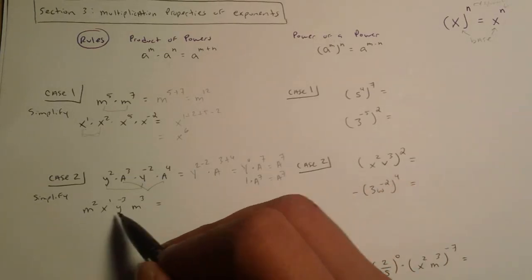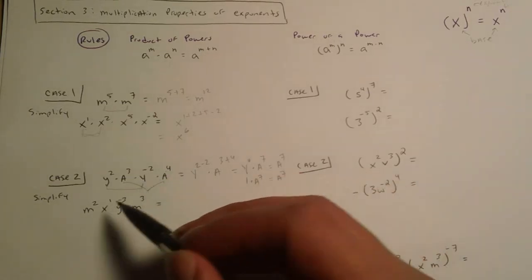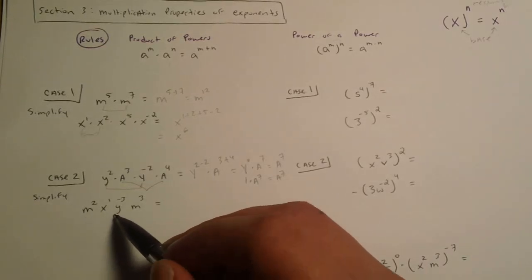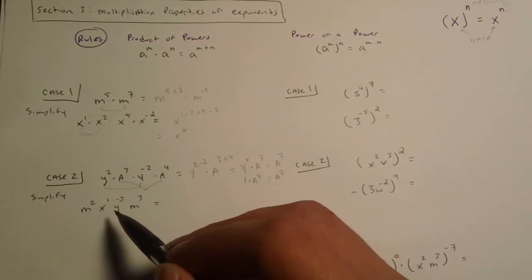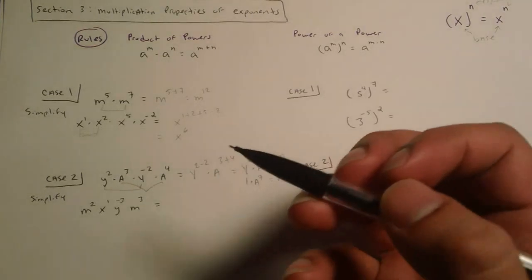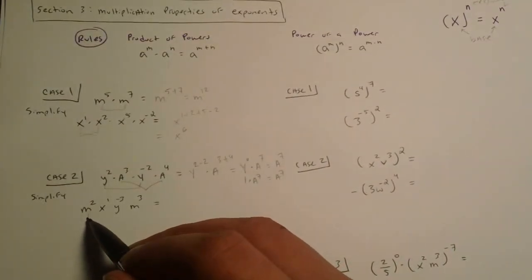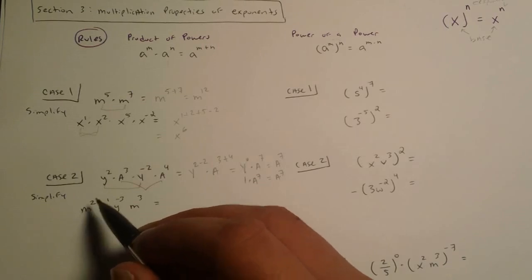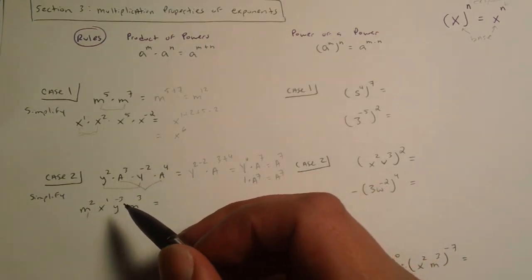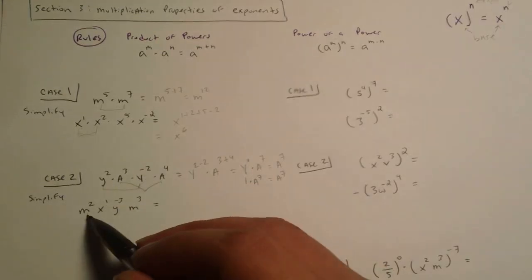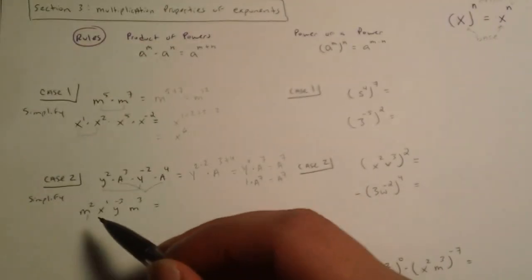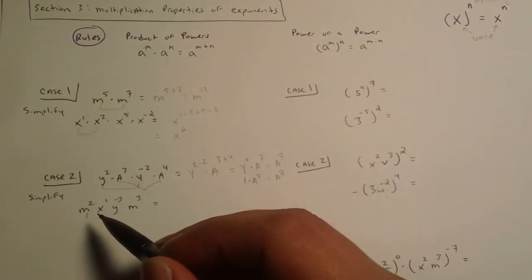Let's go to our second problem in case 2. We have 4 terms, but we have 3 different bases: m, x, y, and then another m. Try to remember to always eliminate a to the 0, and always try to put together the terms that have the same bases.